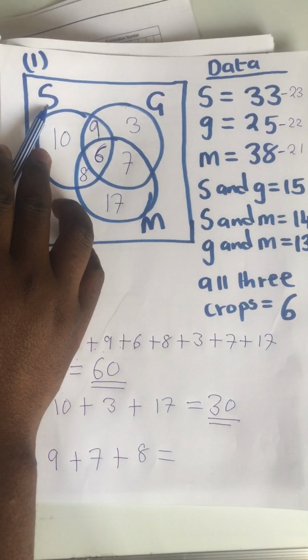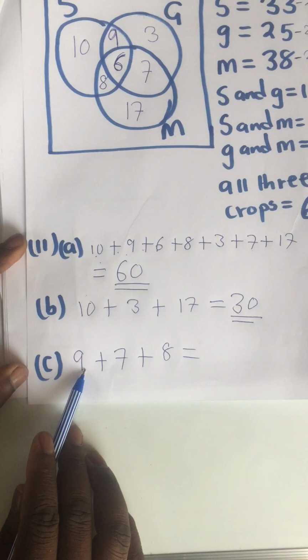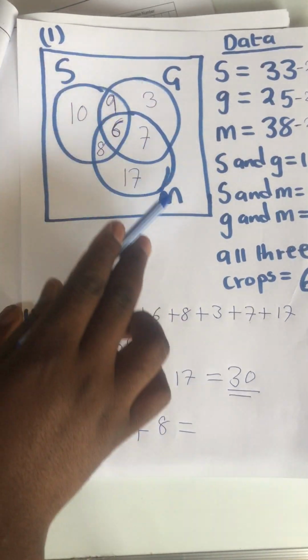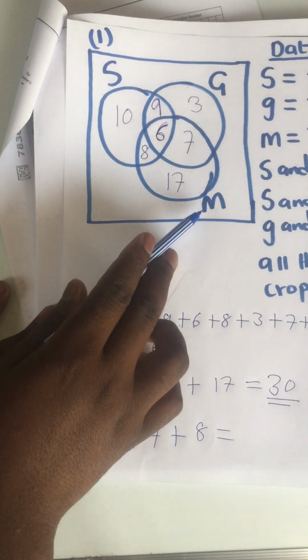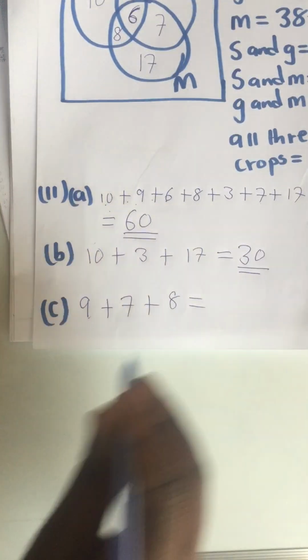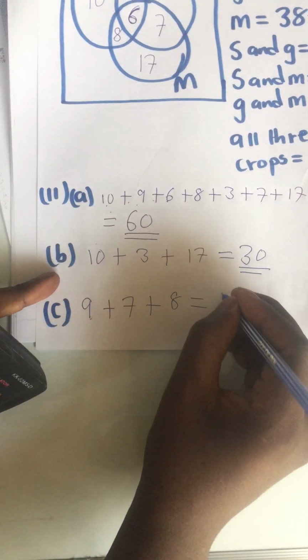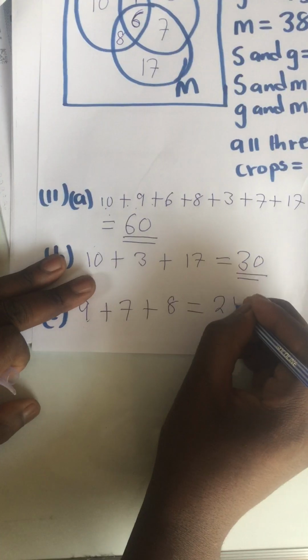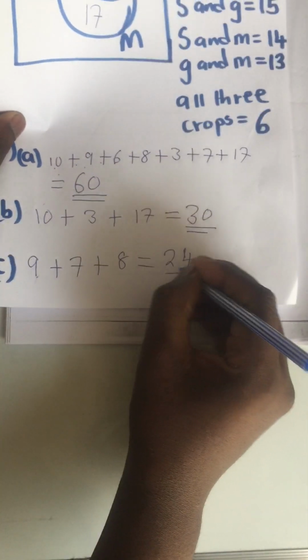Have you seen? So sorghum and the groundnuts, they were 9, groundnuts and maize 7, sorghum and maize 8. So you add. What is it? 9 plus 7 plus 8. It's 24. That is your answer.